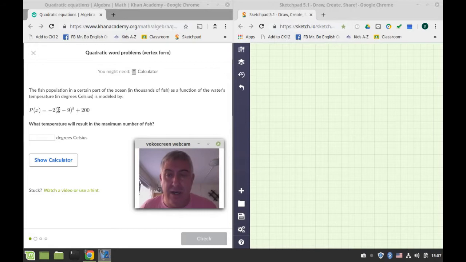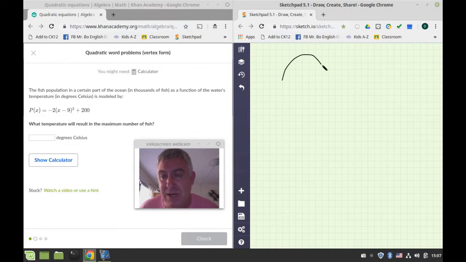So our fish population will look like a parabola like this, and here's our x-axis. At some points we're going to have no fish living, and then at another point we're going to have the largest fish population.